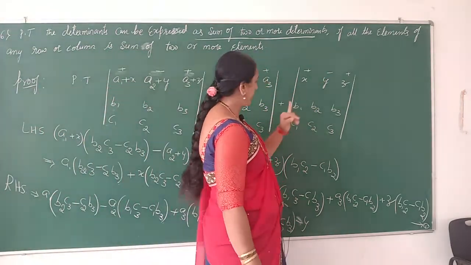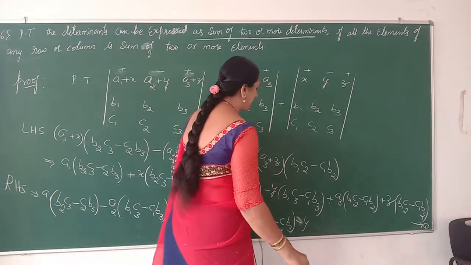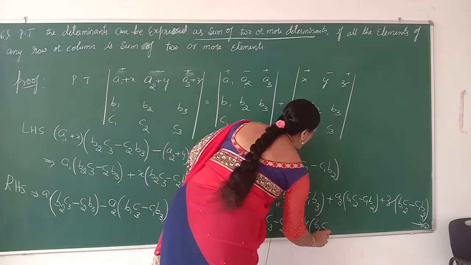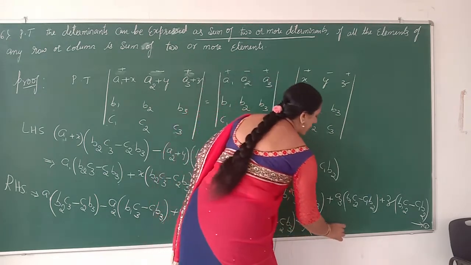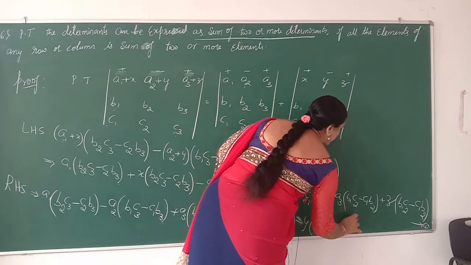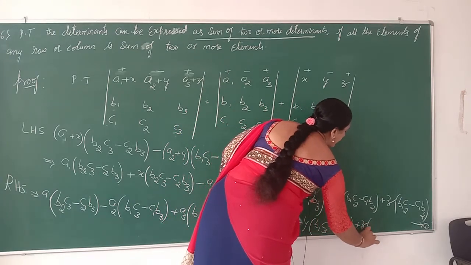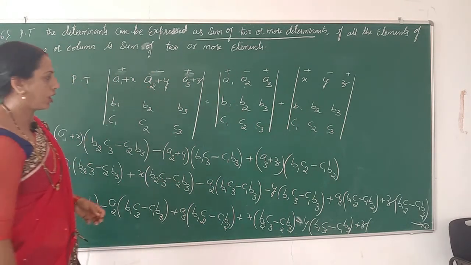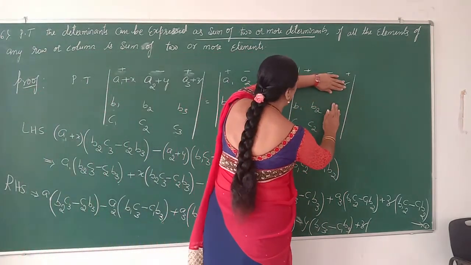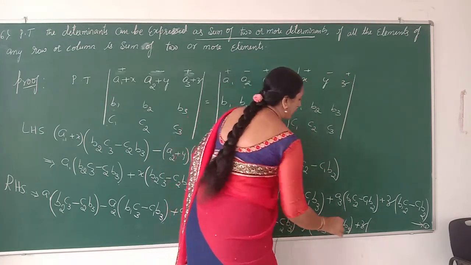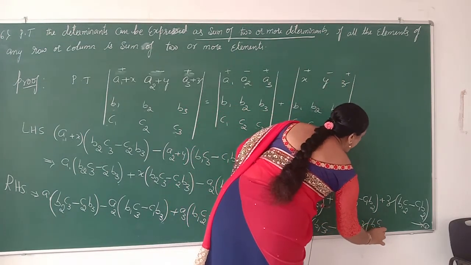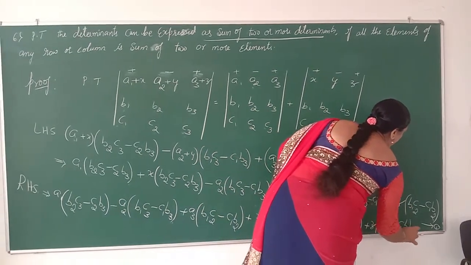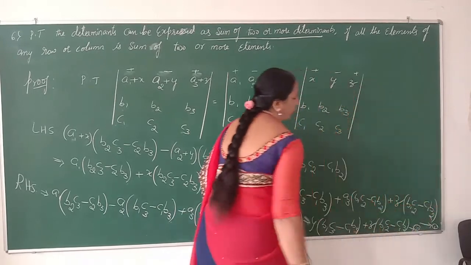These get neglected and the remaining get cross multiplied, minus Y of B1C3 minus C1B3, plus the third one is Z. Z is an element of the first row, third column. So again these elements get neglected and the remaining is B1C2 minus C1B2, and let that be called equation 2.